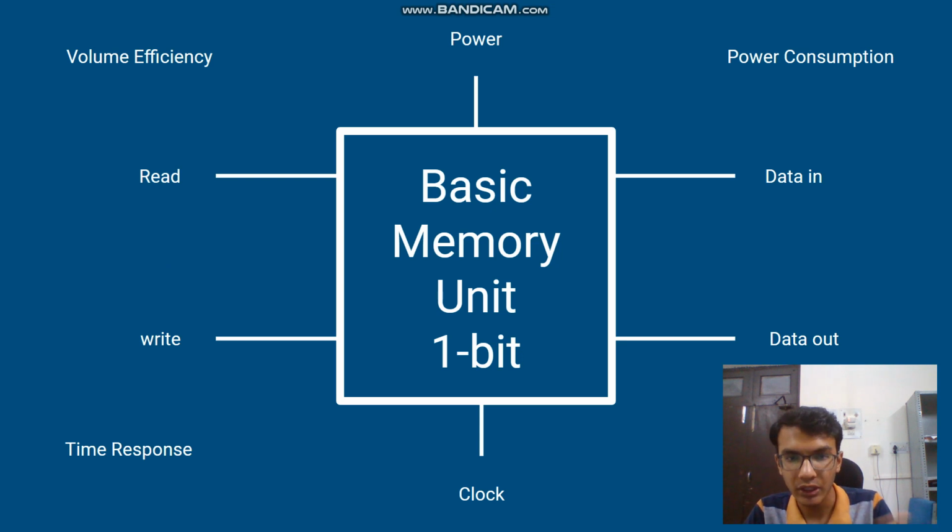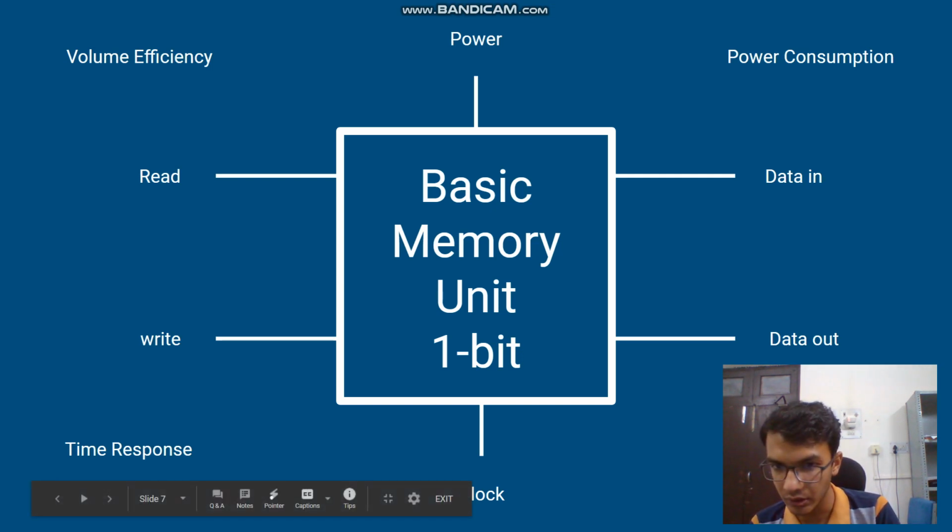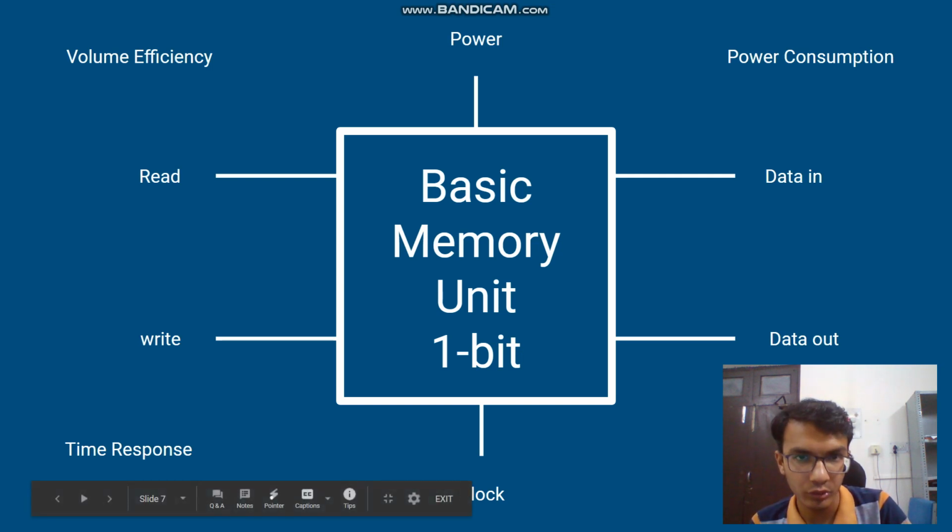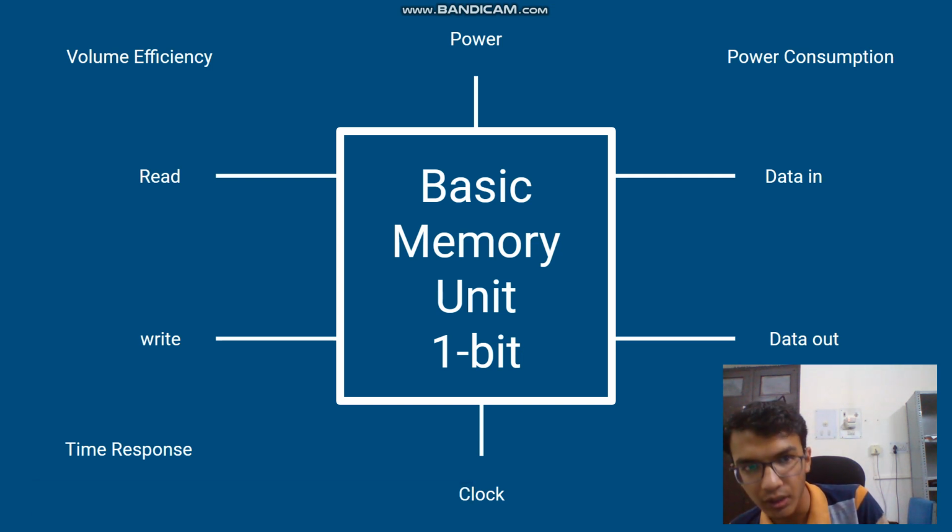Let's discuss the parameters of a basic memory unit. It must take data in and data out. Because it's RAM, we must be able to both read and write data. It may use a clock to synchronize with our computer, and it uses power.